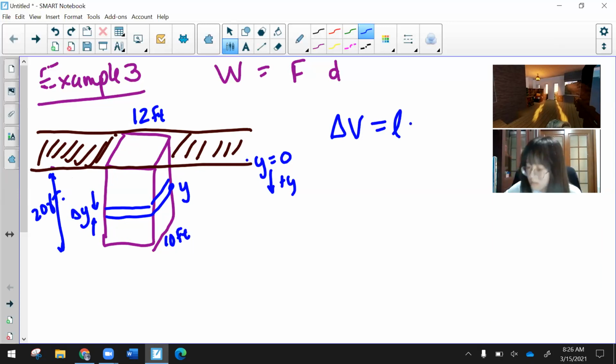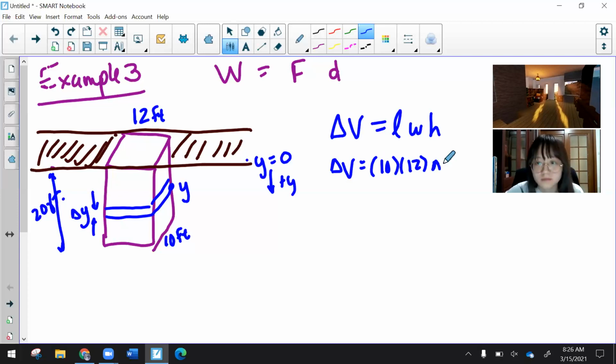Okay. So length times width times height. So that's going to give me 10 feet times 12 feet, but the height is going to be delta y, which is how I'm kind of going to get these little values in here.